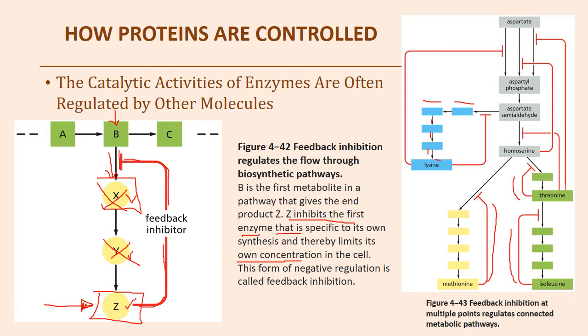Notice how the red lines are coming off the products, lysine, methionine, isoleucine. Once those products are being produced, the red line indicates that it's sending over an inhibitory signal so that we shut down the mechanics and we no longer produce any additional product because we have reached our capacity or what we're looking for.